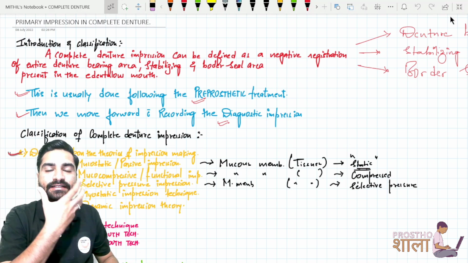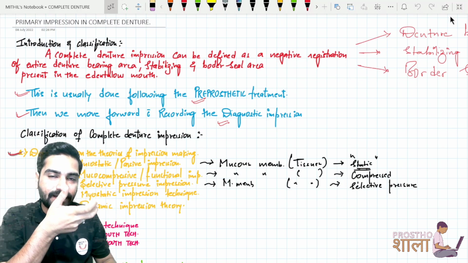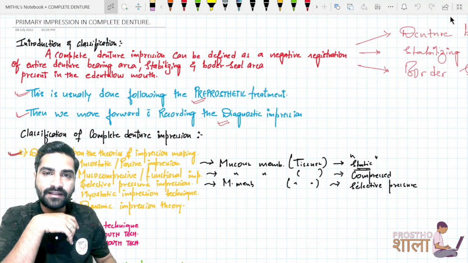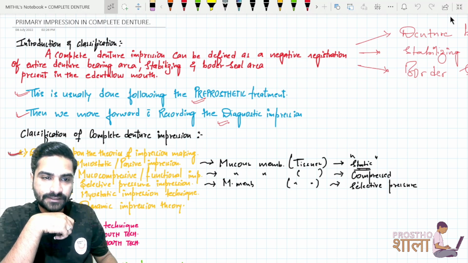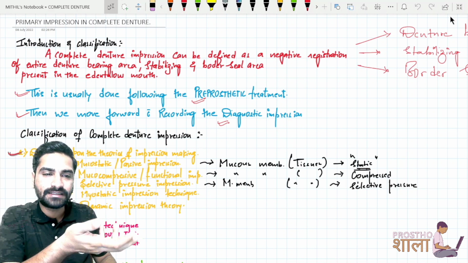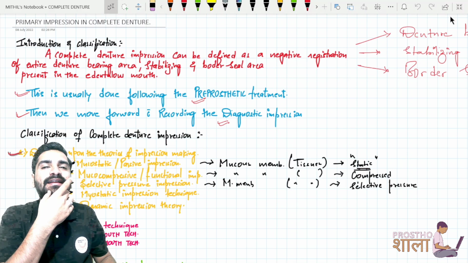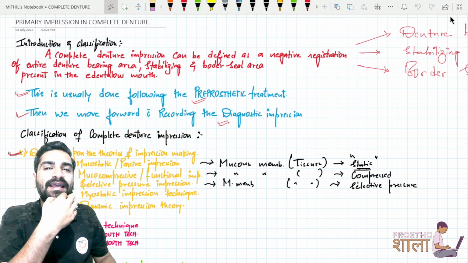The whole denture bearing area on which your denture is going to be fabricated, that area of the oral cavity which is used to make the complete denture. Moreover, it also records the stabilizing and border seal areas present in the mouth. Border seal areas means the sulcus areas where our denture borders will be extended.